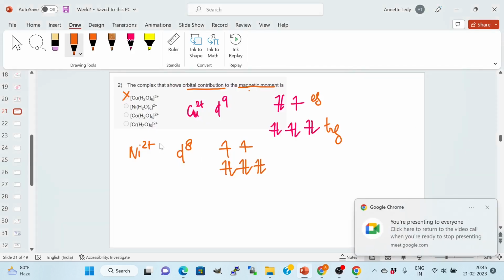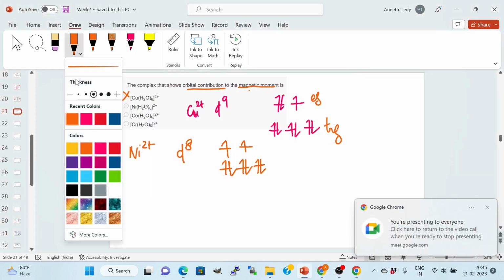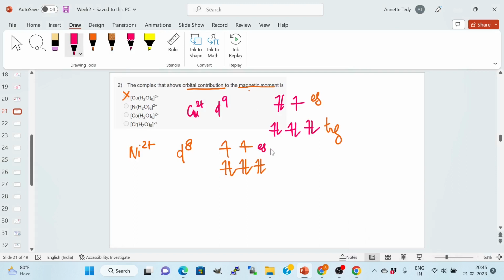In this case also, we don't have orbital contribution, because the unpaired electron is still in EG. Now cobalt 2 plus. Cobalt 2 plus has 7 electrons. So 1, 2, 3, 4, 5, 6, 7. Will this complex have orbital contribution to the magnetic moment?